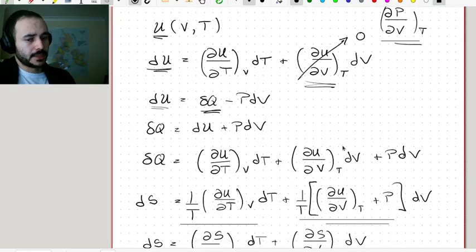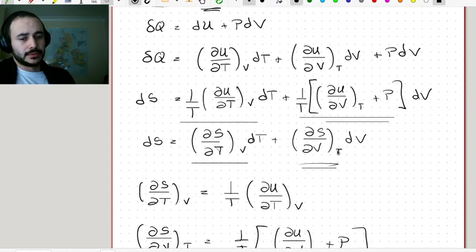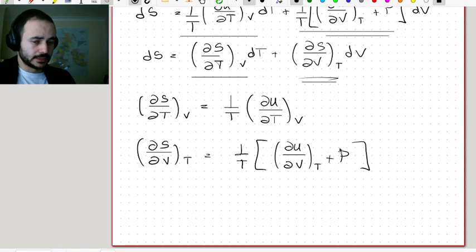To do that, we are going to use the fact that the entropy is a function of state. So it's just a function of T and V in this case.